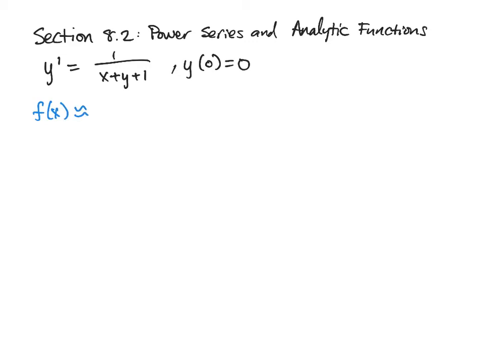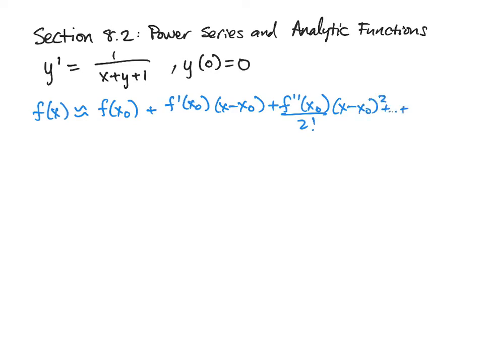We can approximate it with a Taylor series that looks like the f at some particular x naught value, plus f prime at x naught times x minus x naught, and then a double derivative over 2 factorial. Always forget that part. And then we can take this up to, say, n derivatives.